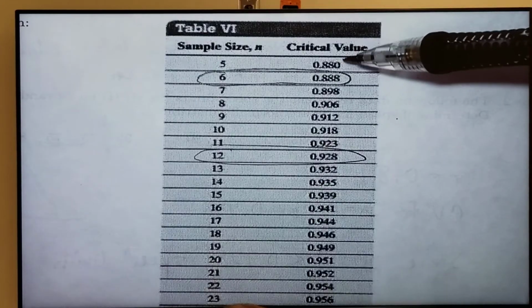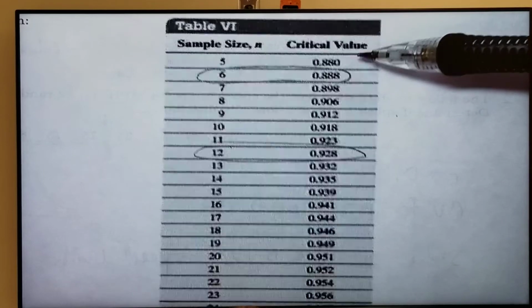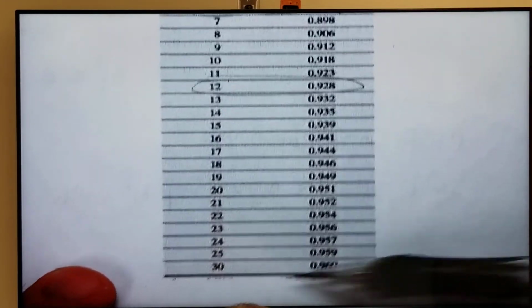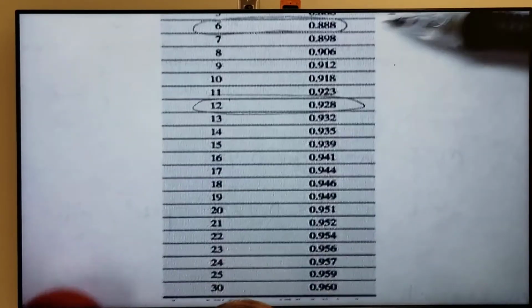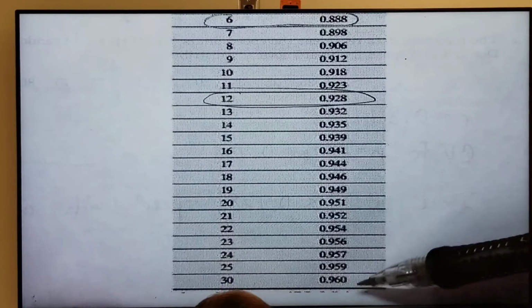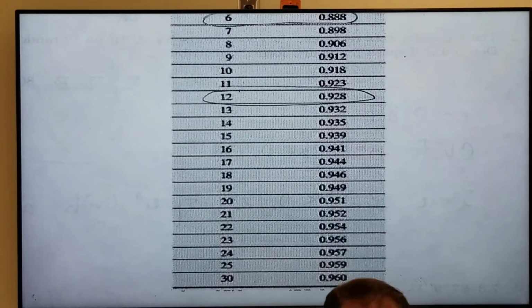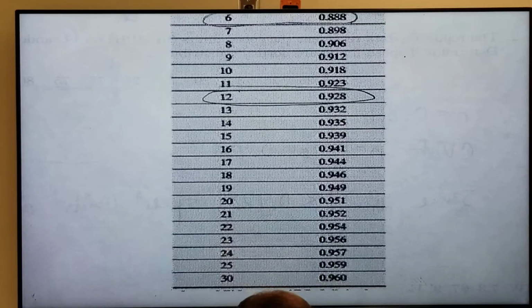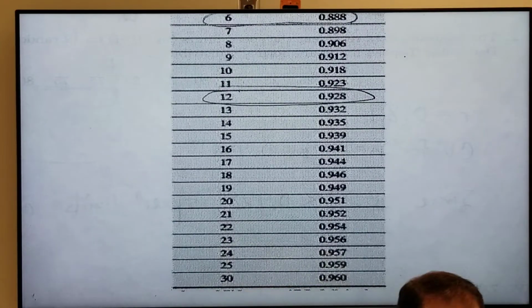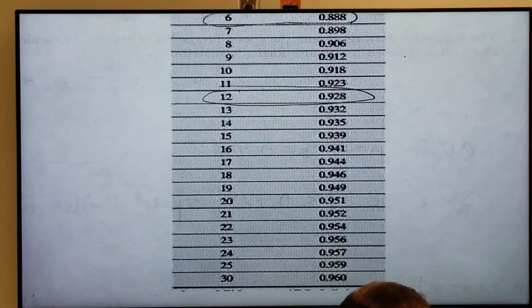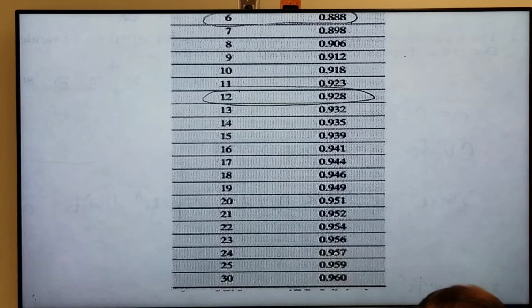Unfortunately, the critical values in this table actually get larger the larger your sample size is. So it's kind of hard to say if we're going to beat the critical values since our table doesn't go all the way up to 40. Here's what I'm going to do.